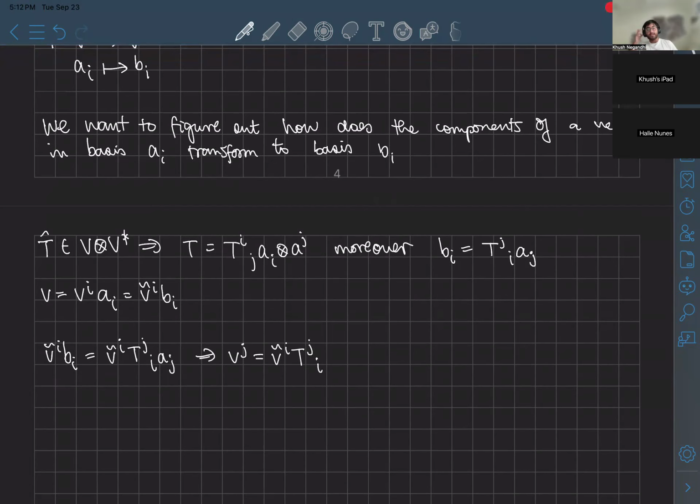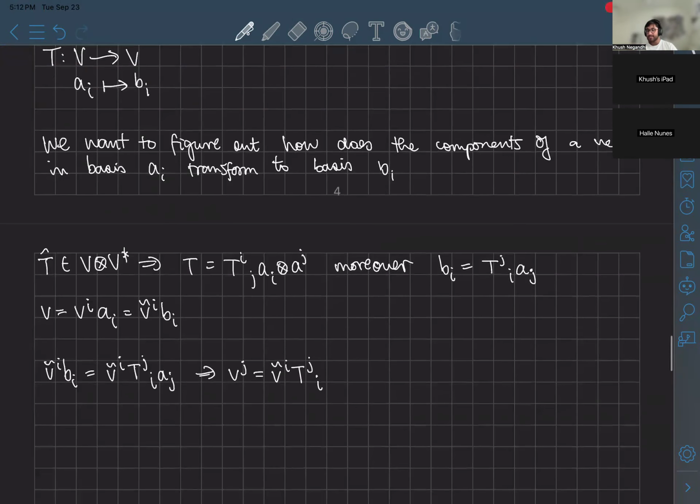But this isn't what we wanted. We wanted how the coefficients V squiggle relate to V, but we have a relationship going the other way around.